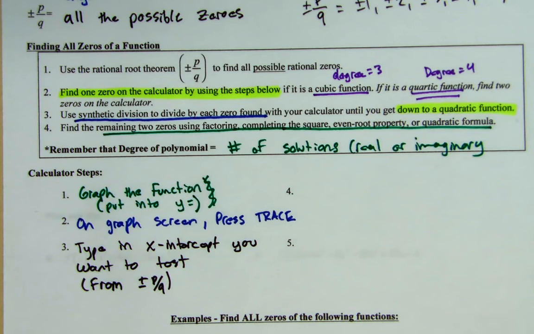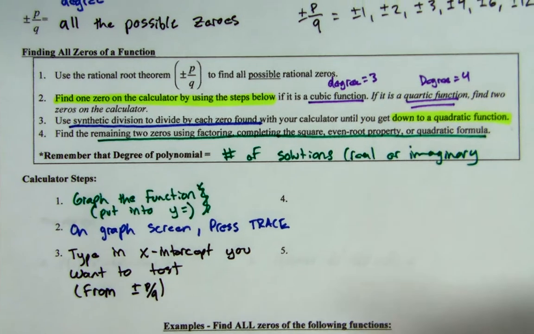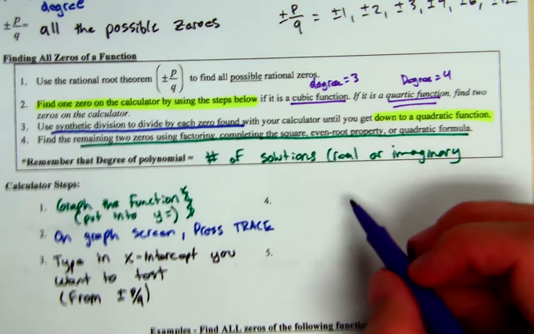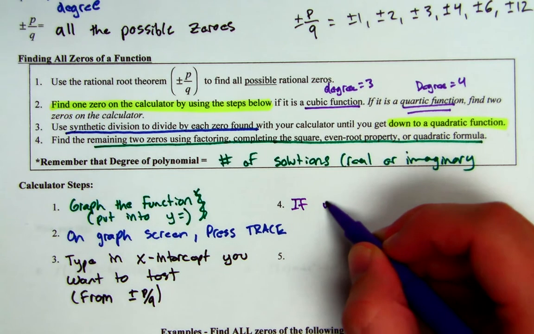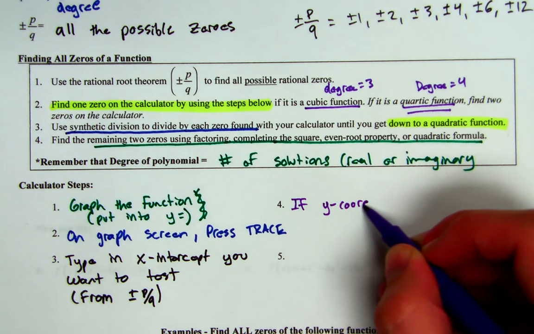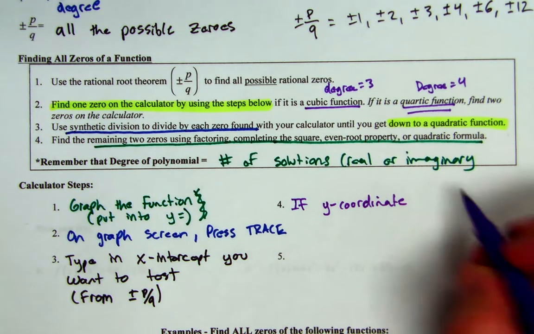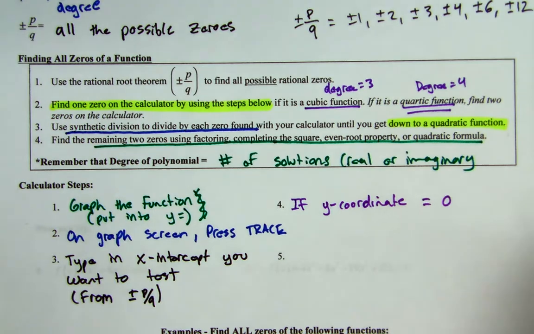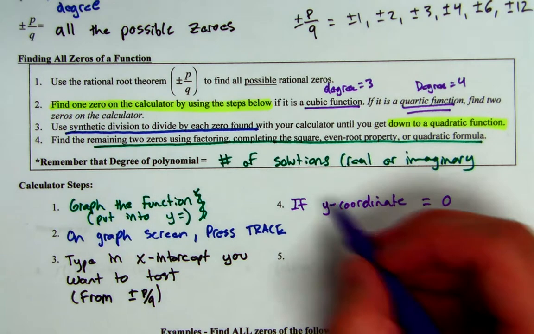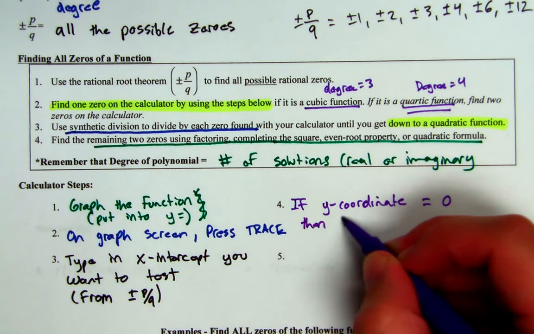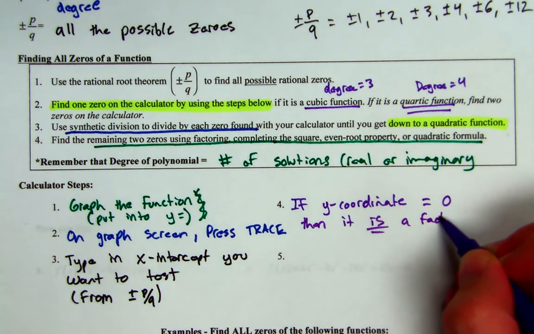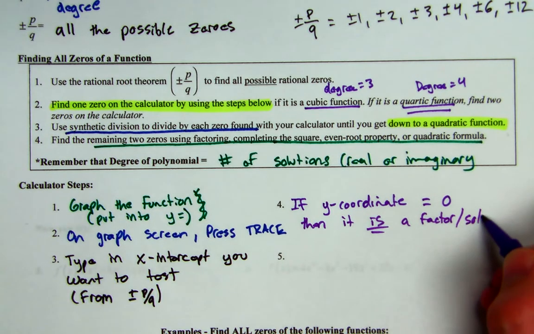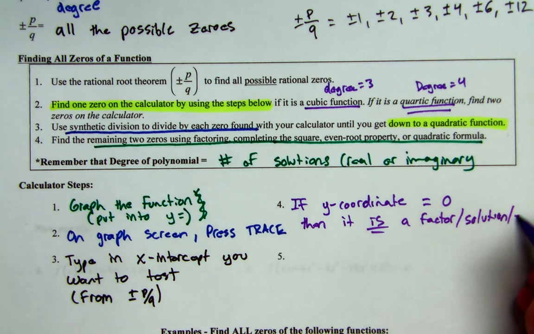Now that you've done that, step 4 is going to say, hey, if the y-coordinate equals 0, then it is a factor, solution, or zero.